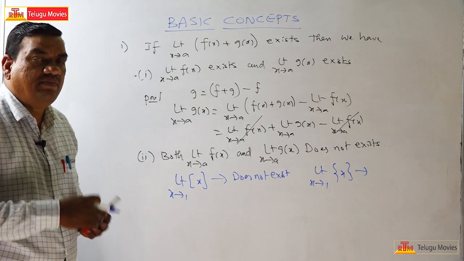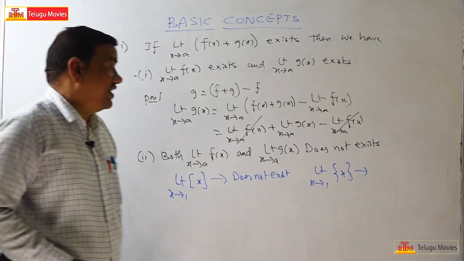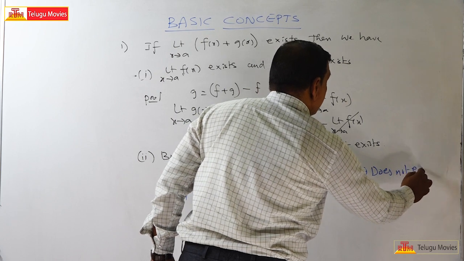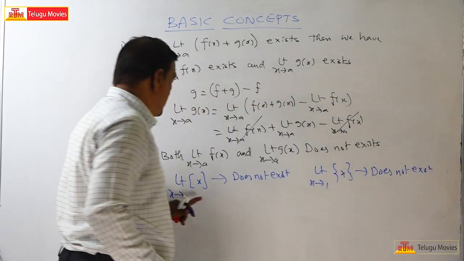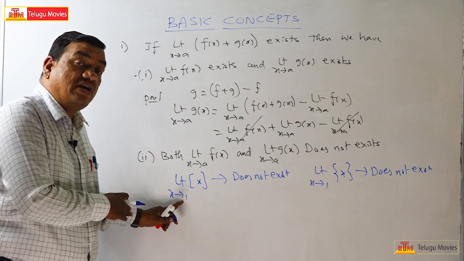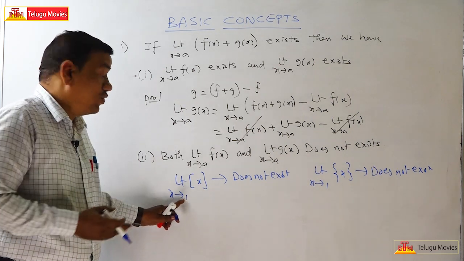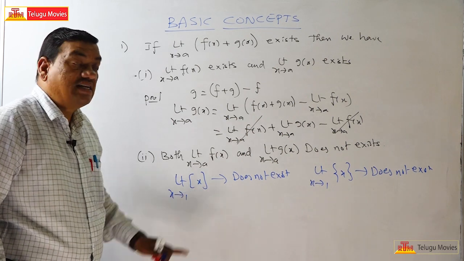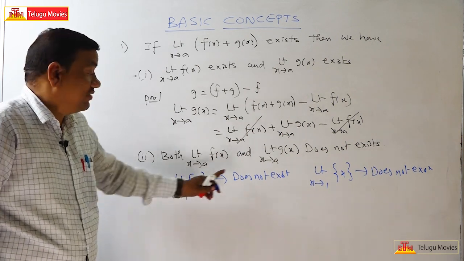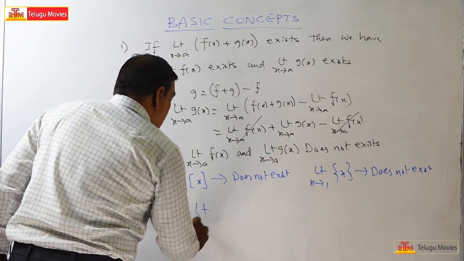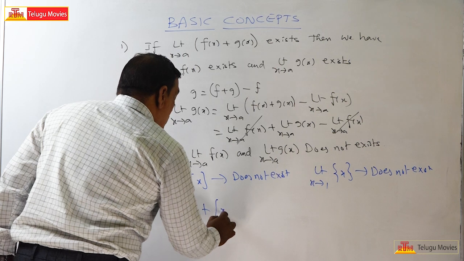We know that the left hand side limit and right hand side limit definitely differ. From the left side of 1 you will get 0, and from the right side you will get 1.1. So the left hand side limit and right hand side limit are not equal, therefore it also does not exist. See, limit x tends to 1, fraction.